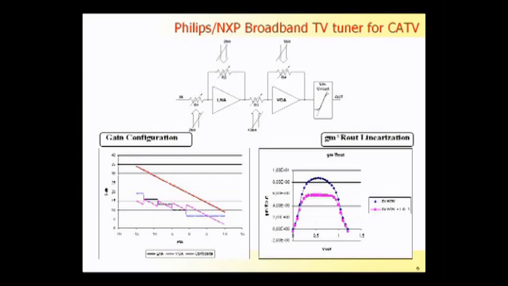We can see that in violet we have the VGA gain step, and in blue the LNA gain step. The sum of the two represents the gain of the system that is linear, and we can see that when we have high power at the input we have less gain, and when we have low input power we have more gain.